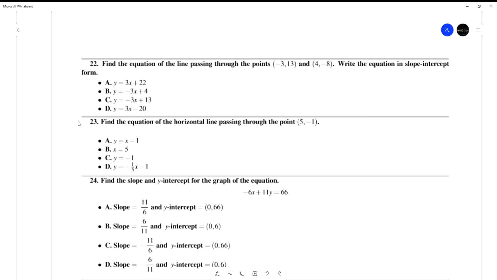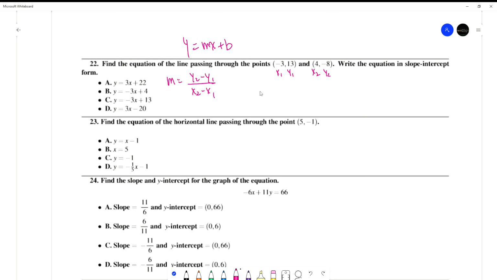Find the equation of the line passing through the following points: (-3, 13) and (4, -8). Write the equation in slope-intercept form. That is y equals mx plus b. So when you have two ordered pairs, we first need to find the slope, which is m equal to y2 minus y1 over x2 minus x1. I'm going to label the points x1, y1, x2, y2, that way you don't mix them up.